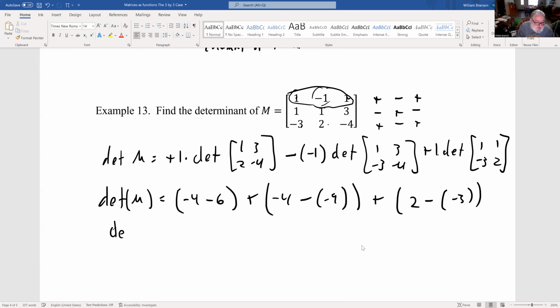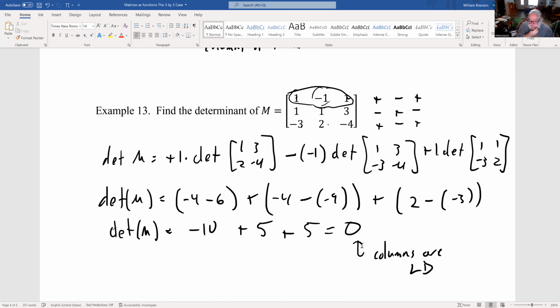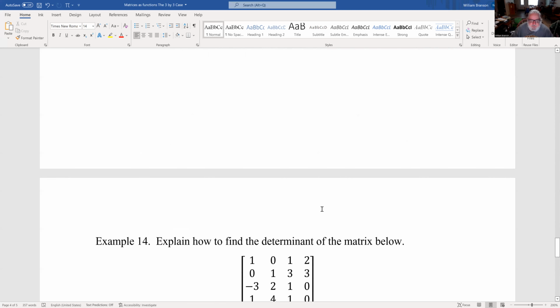So the determinant of M is -10 plus 4 minus -9 is 5, plus 2 minus -3 is 5, equals 0. Determinant equals 0, columns are linearly dependent. And so that means you're going to have a null space, because if the columns are linearly dependent, then the basis of the image is going to be less than 3, and you'll have a parameter.